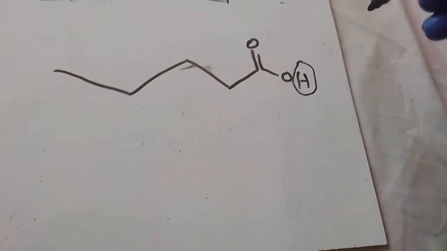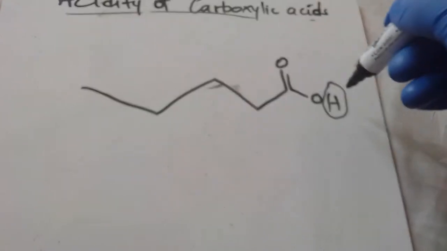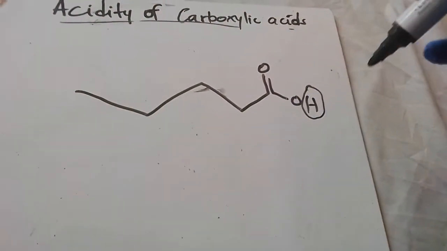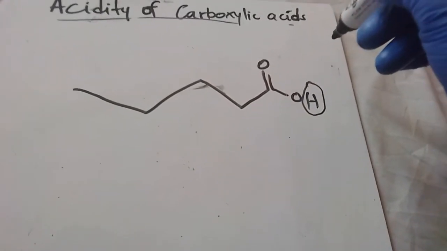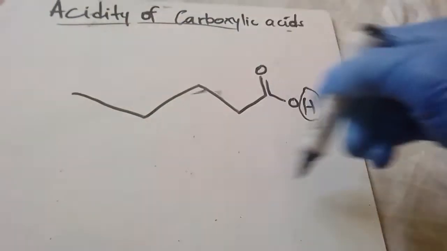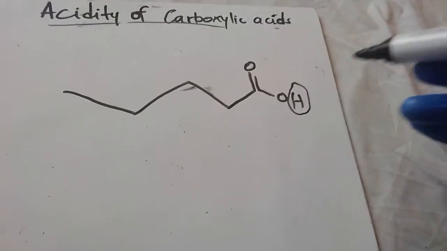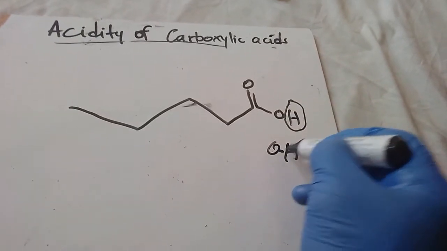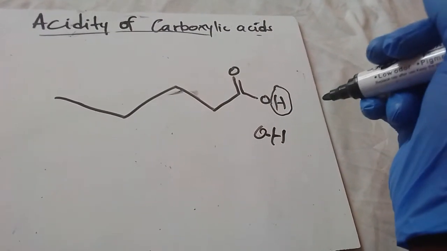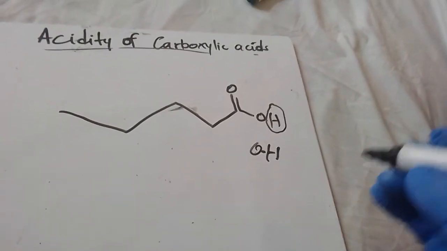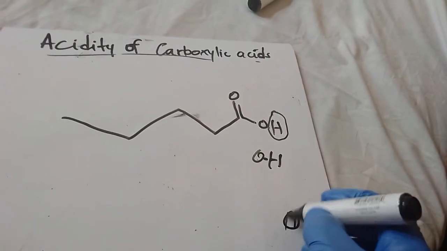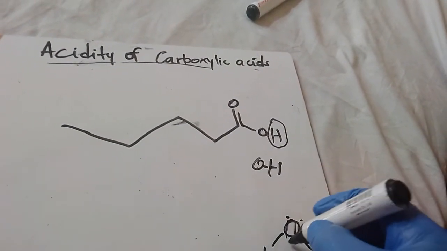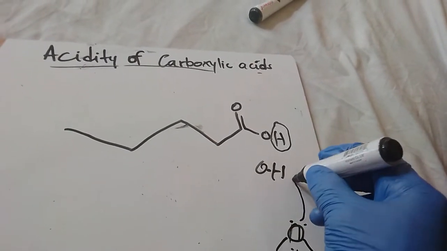And the strength of, or the ease at which this proton can be lost, depends on the environmental factor around it: the electron density of this whole molecule. So let me say, if the bond between this oxygen and this hydrogen is very strong, then it means an incoming base, let's say water, can hardly take this.